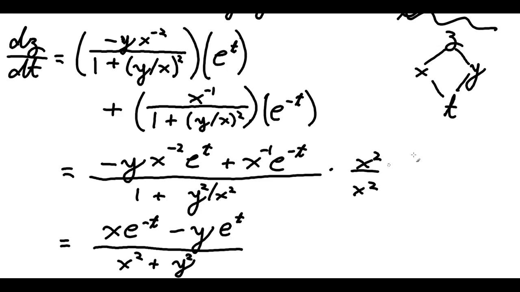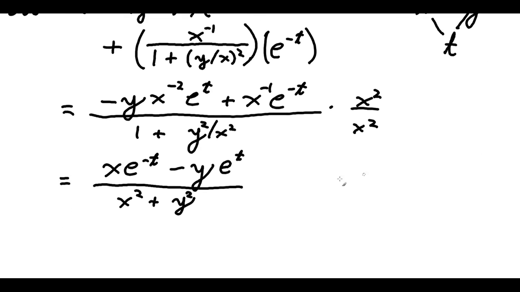Right? So clean that up a bit. We do still have this e to the negative t in here, so technically this is still a compound fraction. We might consider multiplying numerator and denominator by an e to the t to get rid of that. But in this case, we see that that is actually not going to help a whole lot, right? We'll get an e to the 2t there, then we'll have this extra factor of e to the t down here. That doesn't actually clean things up.